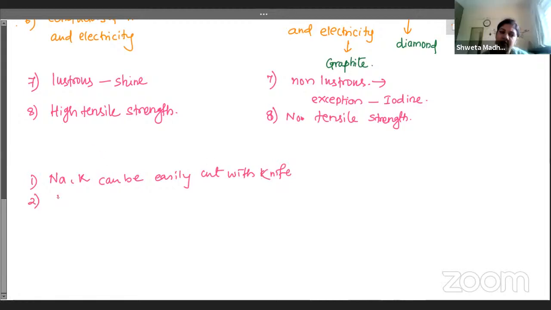Second, gallium and cesium melt on the palm. They have a low melting point, so they easily melt on the palm.